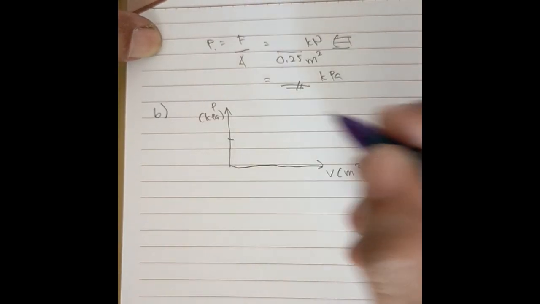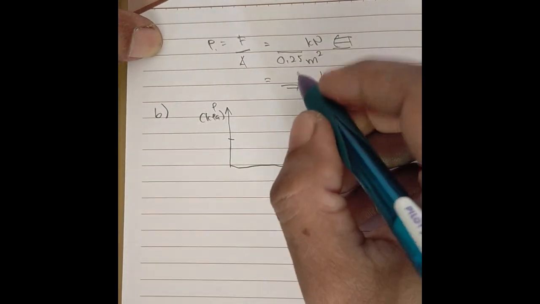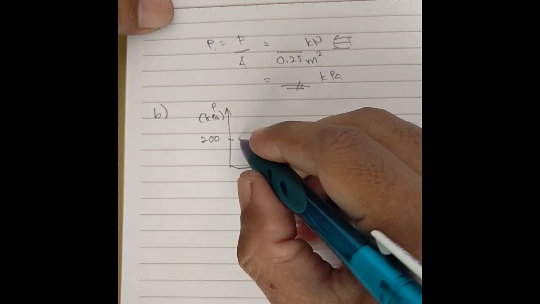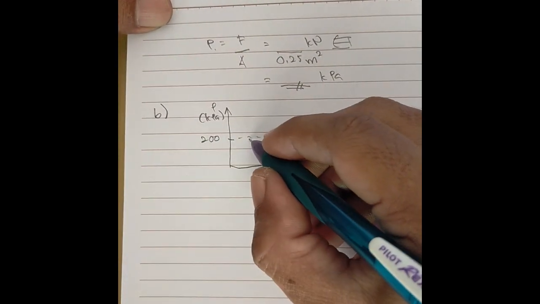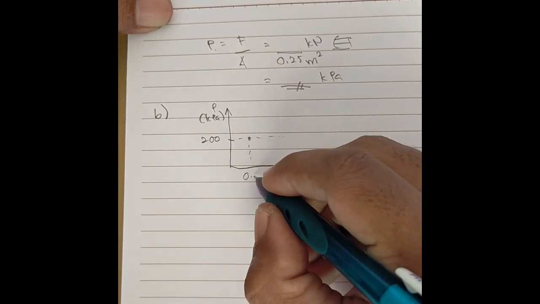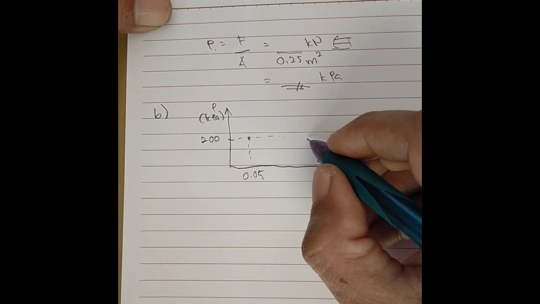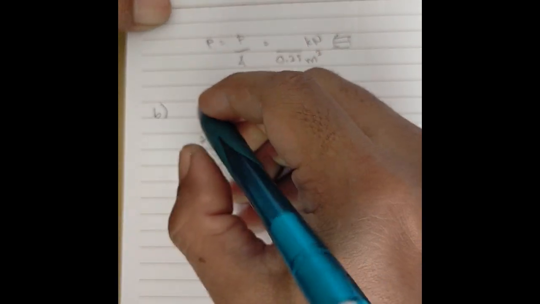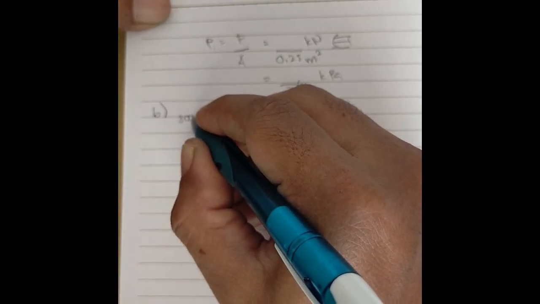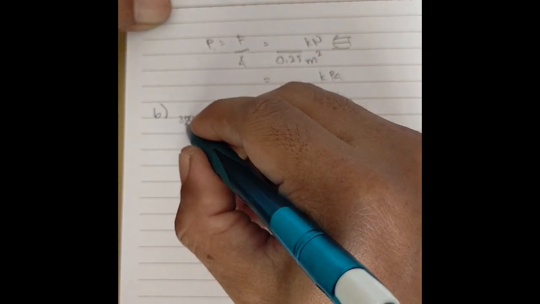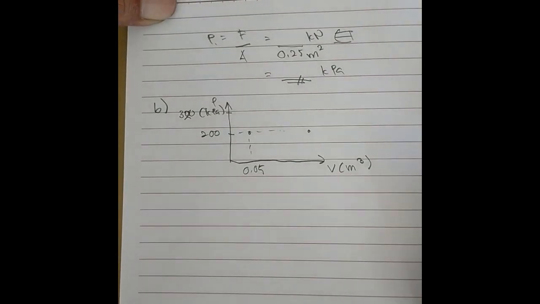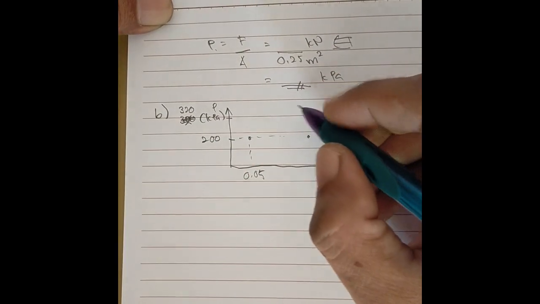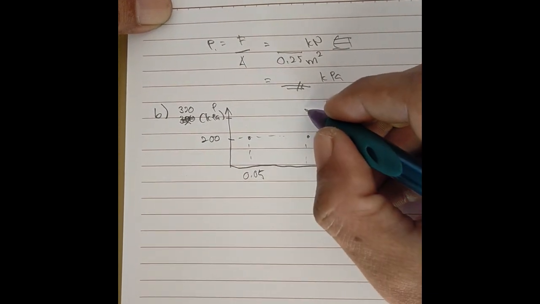Alright, so the initial pressure is 200, and the initial volume is 0.05, and the final pressure, from the calculation, we got 320.